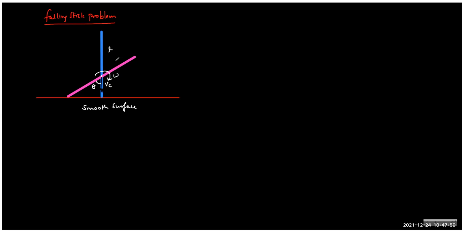So first find the ICR, and then you're done. The best way is to find the ICR. Sir, Vc equals L by 2 sin theta into omega. I think that's the correct answer.